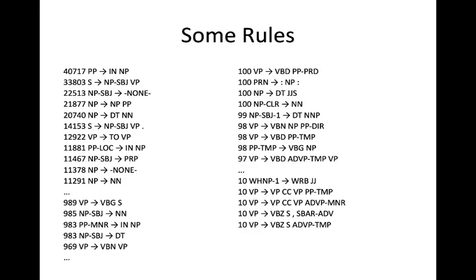So here are some examples of some rules from the Penn Treebank. This is the most common rule. It occurs over 40,000 times, and it's for a kind of prepositional phrase. So IN is a sort of preposition, and NP is a noun phrase. So that occurs a lot. And so does S goes to NP VP.